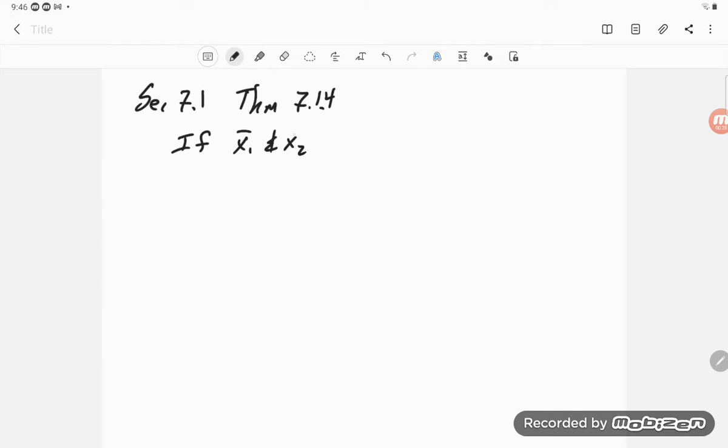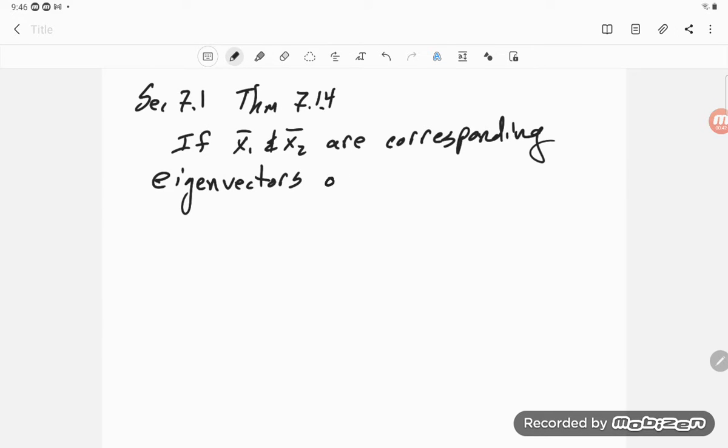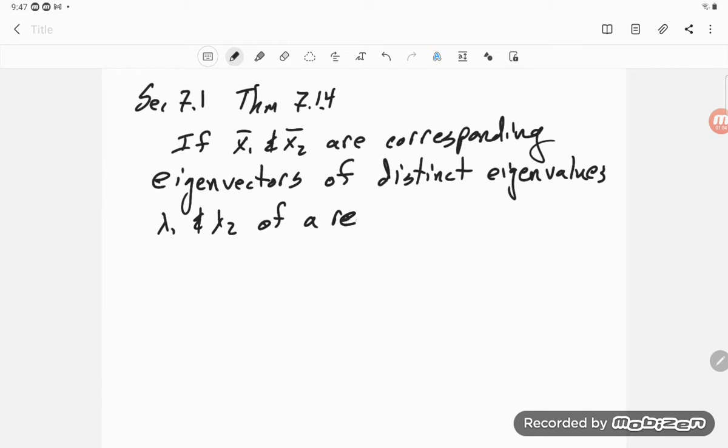x1 and x2 are corresponding eigenvectors of distinct eigenvalues lambda 1 and lambda 2 of a real, now both of these things have to be true here, real symmetric matrix.